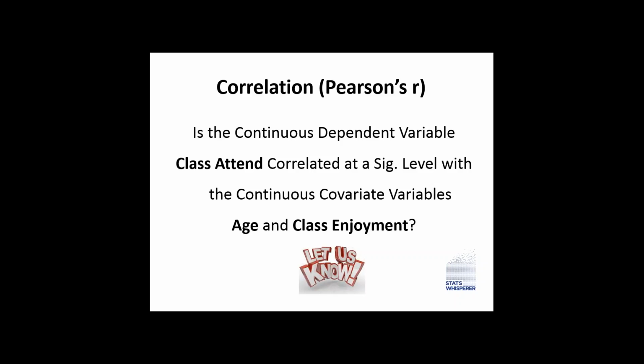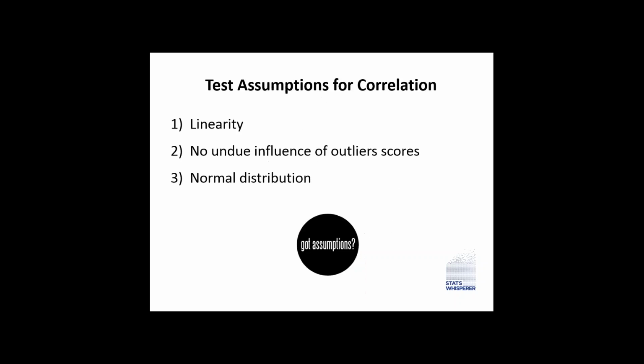As one goes up, does the other go up significantly, or does it go down significantly, or is there no relationship? And of course, there's assumptions here, linearity, right? So that means as one goes up, the other goes up in a linear fashion. No undue influence of outliers. Now, like I said, that's very important for parametric testing, and a normal distribution of variables.